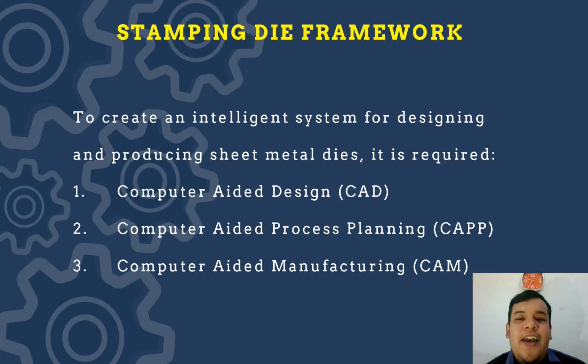Next, I would like to tell about stamping die framework. To create an intelligent system for designing and producing sheet metal dies, it requires computer-aided design CAD, computer-aided process planning CAPP, and computer-aided manufacturing CAM.